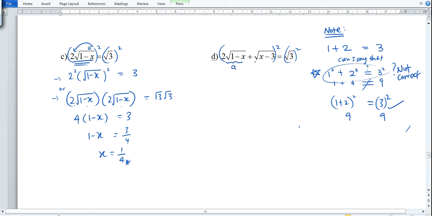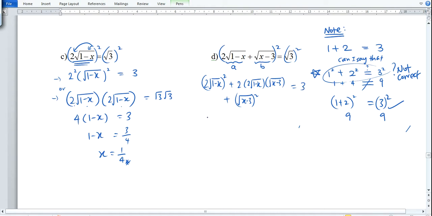This first term will just be our a, and this next term will be b. So I have a plus b squared, and we have learned that it is just a squared plus 2ab plus b squared on this side, and the other side will be square root 3 squared, which is just 3.